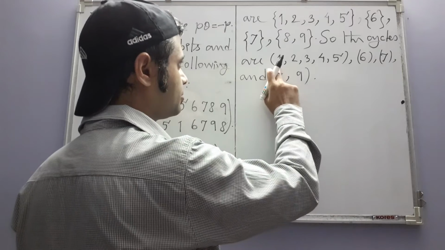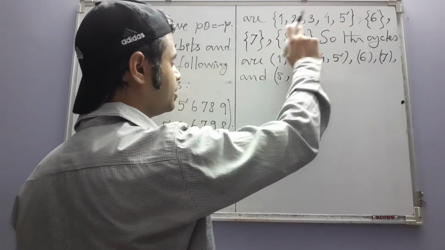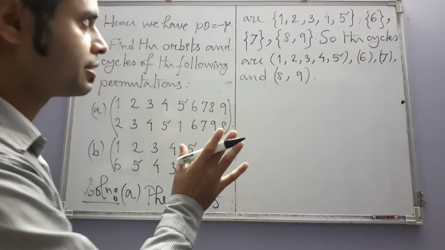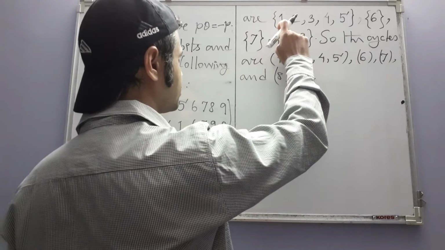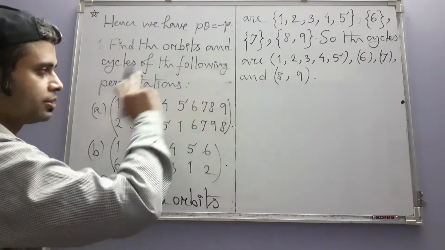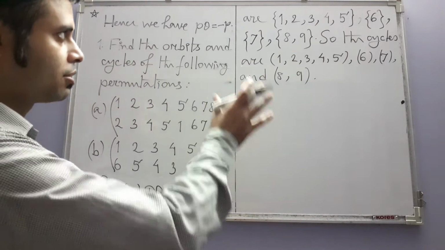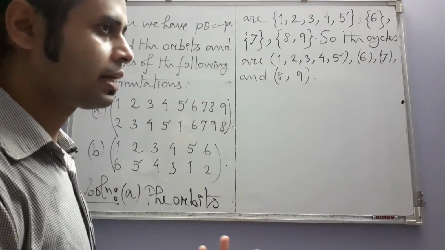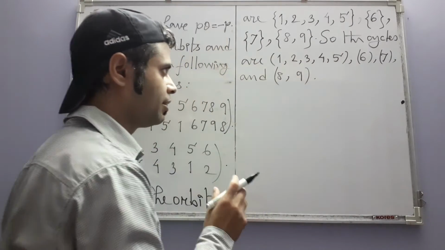Cycles have precisely the elements of a given orbit, but cycles are different from an orbit in that cycles are ordered sets. An orbit, although we write it like this to conveniently see what is happening with the elements, like for example theta sends 1 to 2, 2 to 3, etc., because it's a set, order actually does not matter. But here order matters, and in a very precise way.